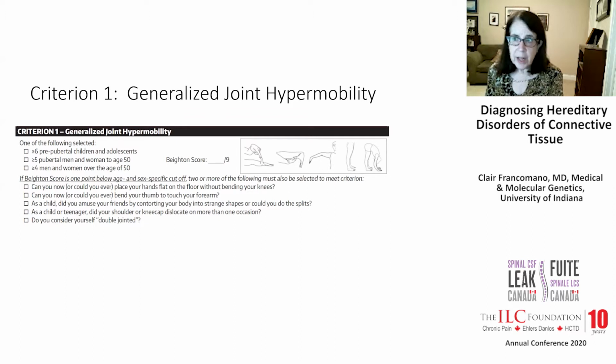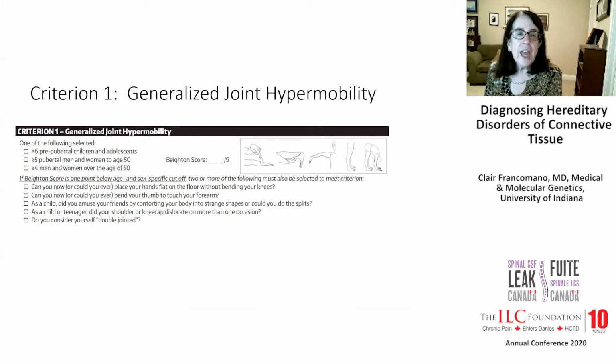If a person is right on the cusp of meeting the criteria for generalized joint hypermobility, and they have 2 or more affirmative answers to these 5 questions, then we can give them an extra point and sometimes push them over the finish line to achieve a diagnosis of generalized joint hypermobility.